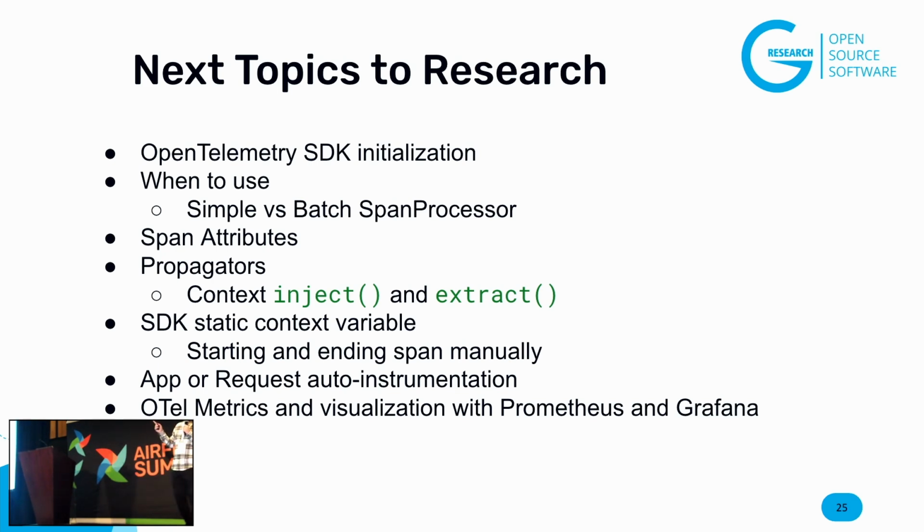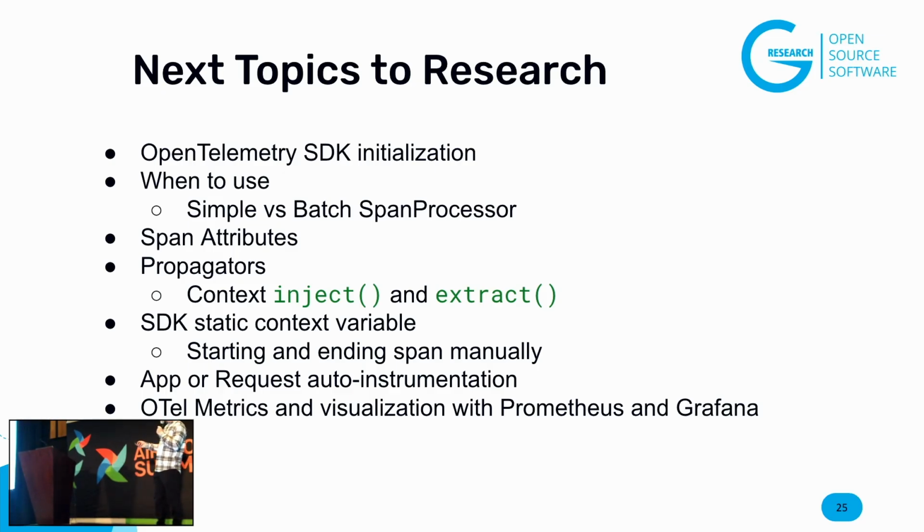Span attributes can help you expose data from the moment that you are creating the span, and you can view them in the visualization backend. The propagators, the inject and extract methods, are used for getting the span context and then extracting it.